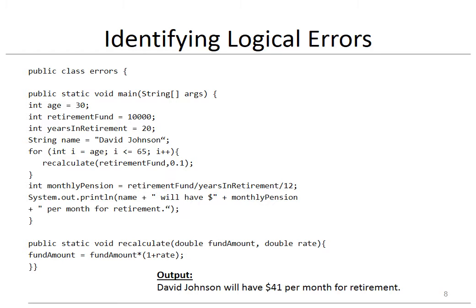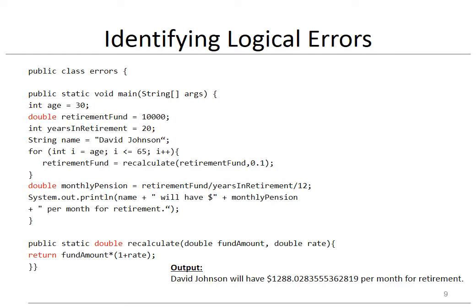It should return the fund amount as a double, such that it is correctly used in the for loop and updated as the loop proceeds. Here you can see the logical error fixed. The recalculate method returns the fund amount as a double. In the main method, both the retirement fund and monthly pension variables are defined as double.